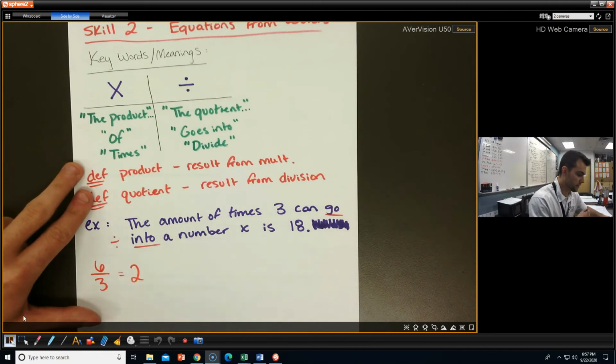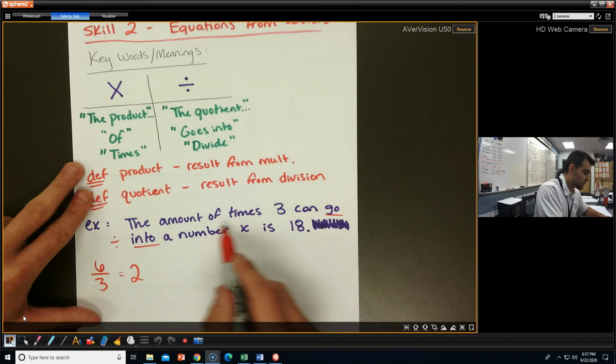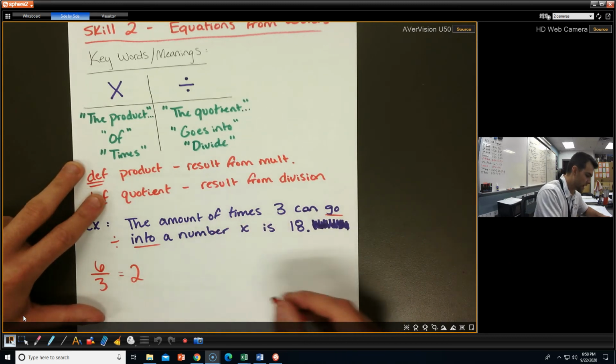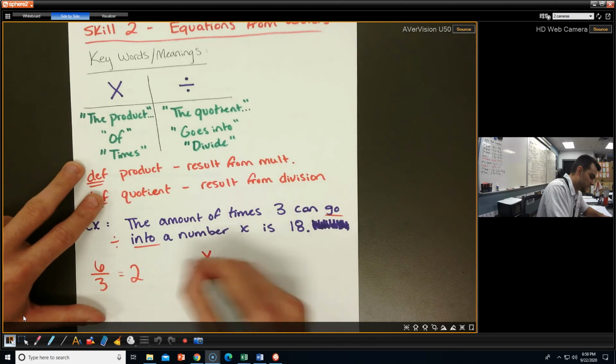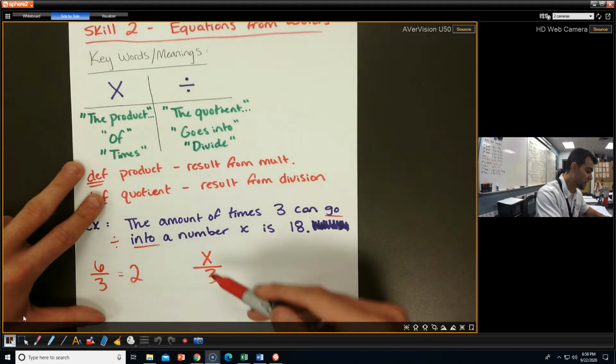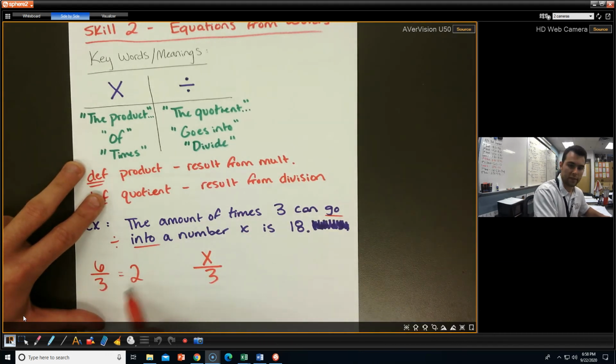Right? Let's bring it here now. The amount of times 3 can go into a number x is 18. So again, the order matters. Whatever I'm saying first, in this case the amount of times 3 can go into a number x, I'm going to write it as x divided by 3. The amount of times 3 can go into x. Kind of weird, right? But it's really this idea of building that connection.